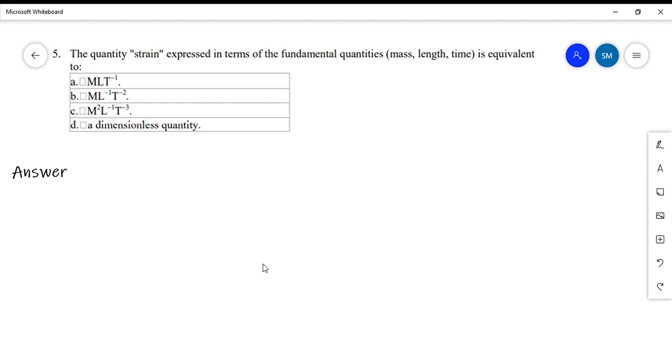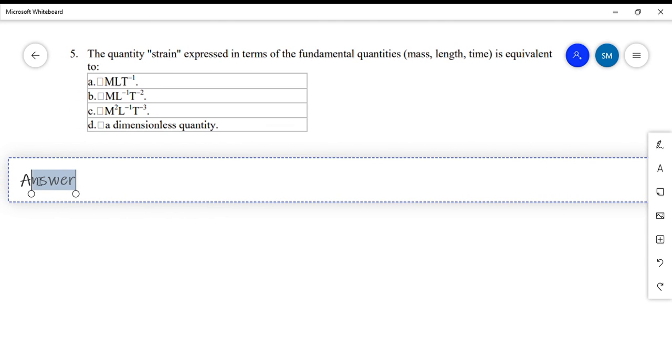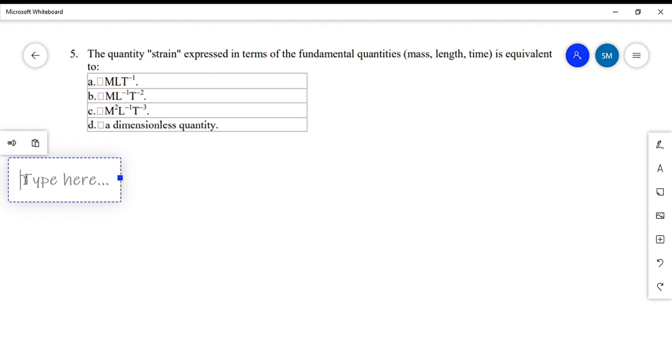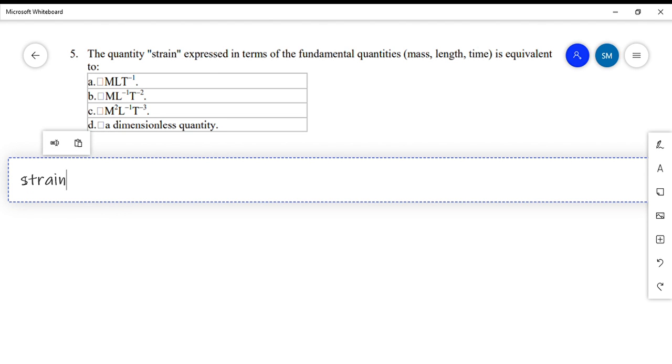It's very important to know that any quantity that is a ratio between two things with the same unit is a dimensionless quantity. So let me write this to make it more clear. Strain is equal to the change in length over the actual length.